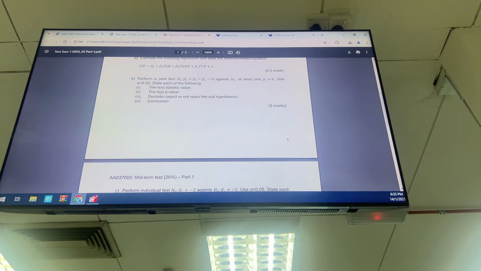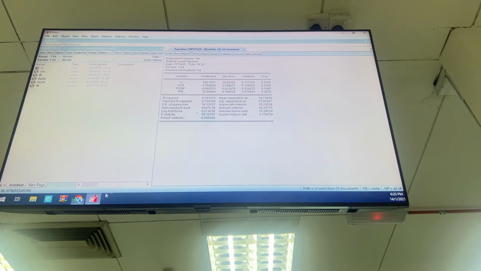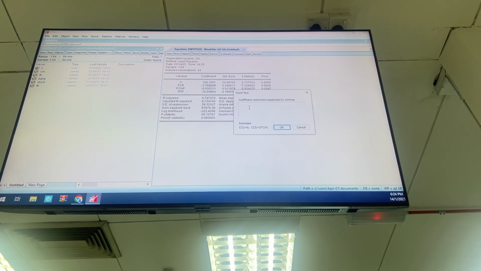The next one: test beta 1 equal to negative 2. Beta 1 means coefficient number 2, because the intercept is coefficient number 1. So you go to View, Coefficient Diagnostics, Wald Test, coefficient number 2 equal to negative 2.